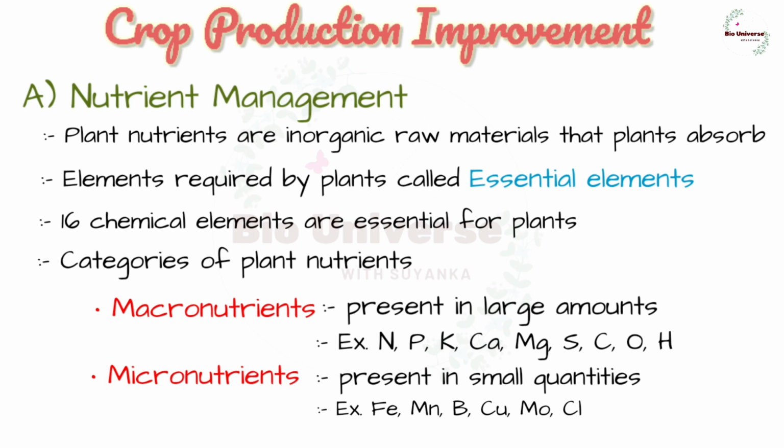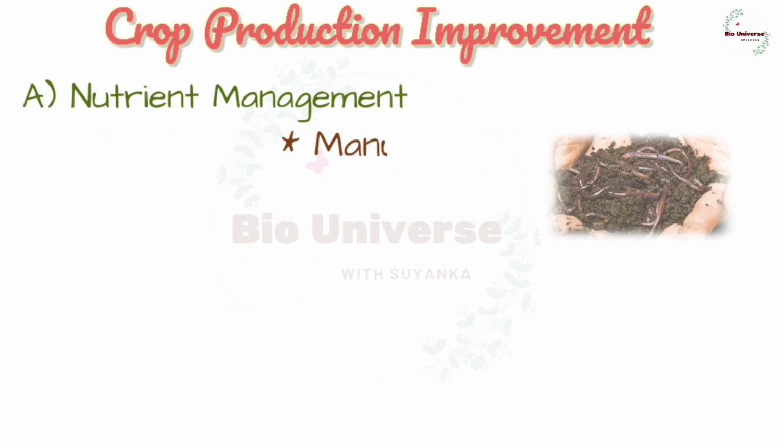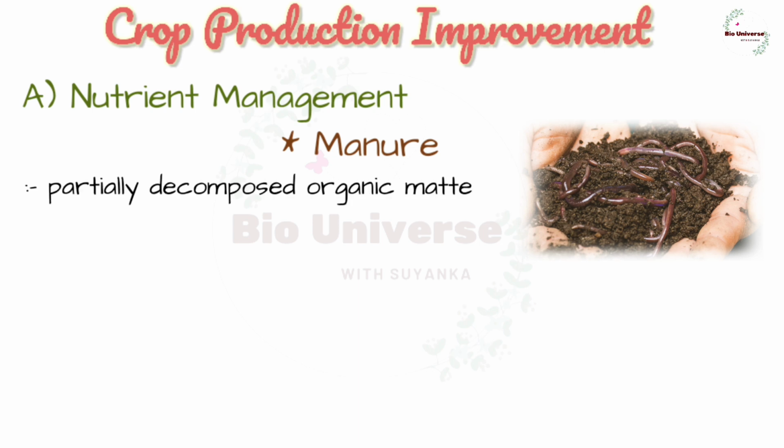To increase the crop yield, the soil can be enriched by supplying these nutrients in the form of manure and fertilizers. Manure is a partially decomposed organic matter derived from plant and animal waste which is added to the soil to increase its fertility.